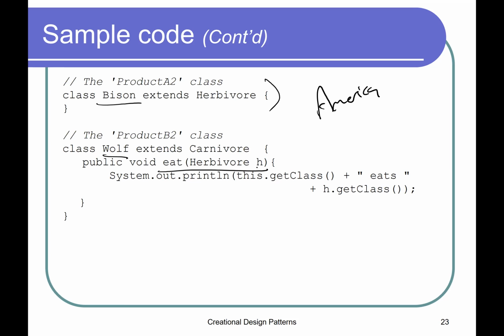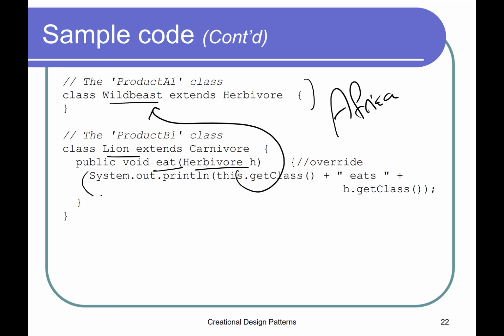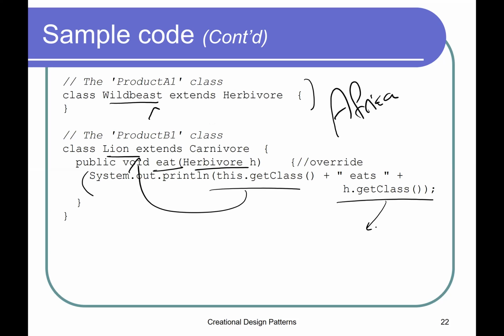Nonetheless, here we go, all right? When you see the system outs over here, they're the same exact code, all right? And it's saying this dot get class, and that is the lion. Eats is going to print out the name of the class that we get from the herbivore, okay? It's the H, right?